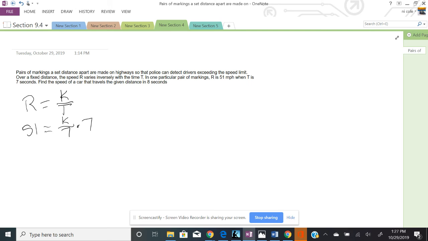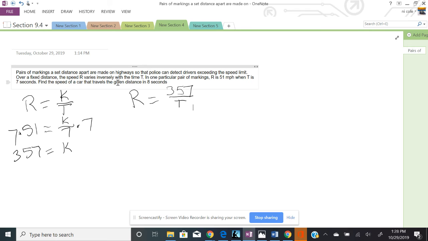So I'll multiply both sides by 7, and that gives me 357 is equal to K. Now I know my equation is R is equal to 357 over T. So that's my new equation.